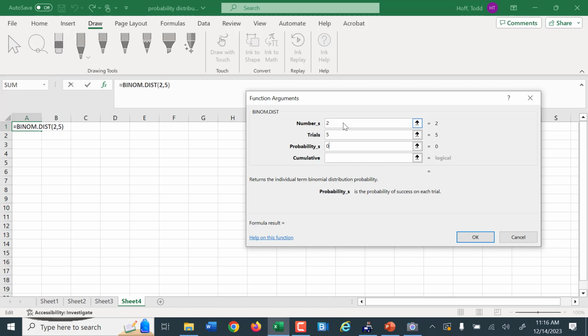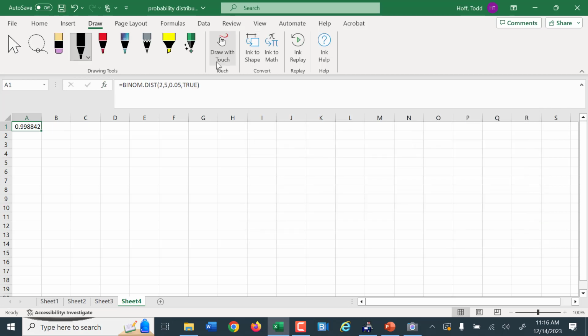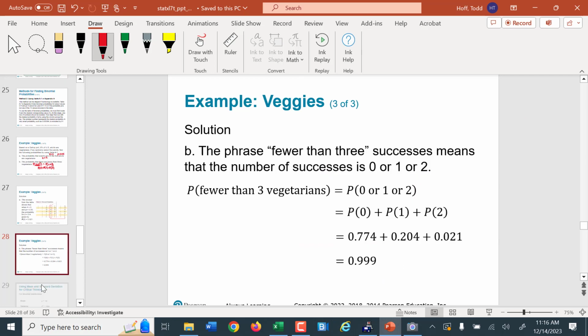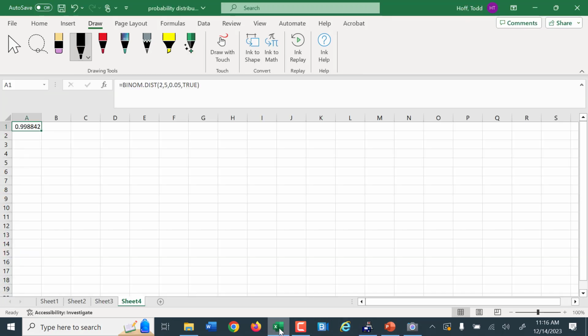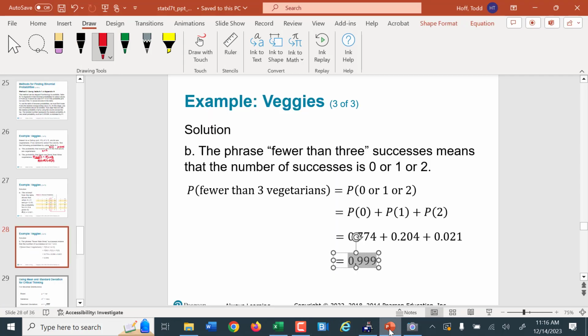Trials is 5. 0.05 was 5%, and this is true. We want this to be cumulative, 0, 1, or 2. So we get 0.9988 is the chances of having 2 or less than 3 people be vegetarians. And of course that adds up to 0.999 if they round off to 3 decimal places.